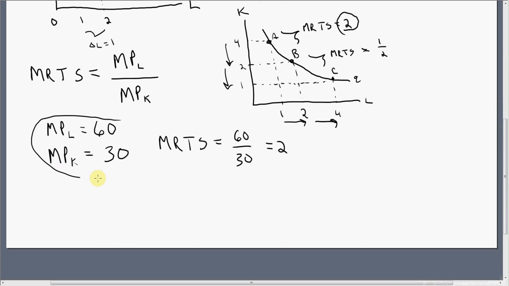Since labor is twice as productive as capital currently, it should make sense that 1 unit of labor can replace 2 units of capital. So indeed, the marginal rate of technical substitution should be given by the marginal product of labor divided by the marginal product of capital.